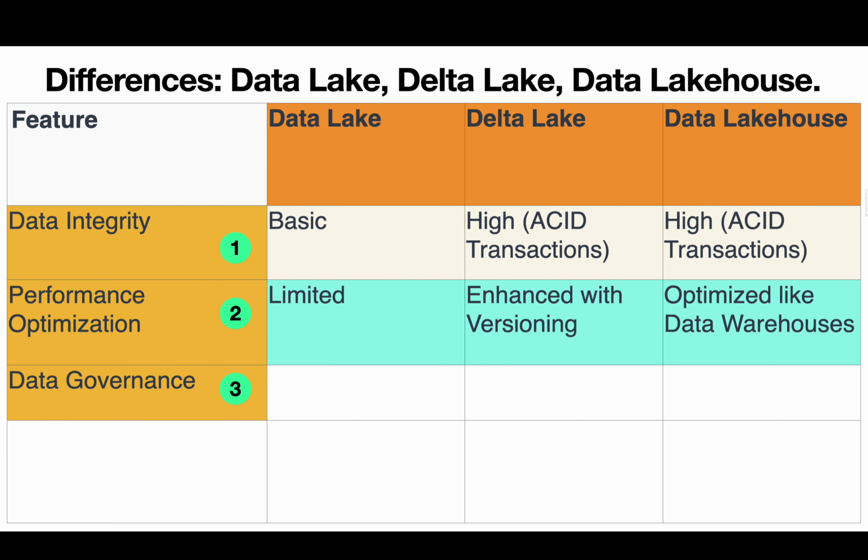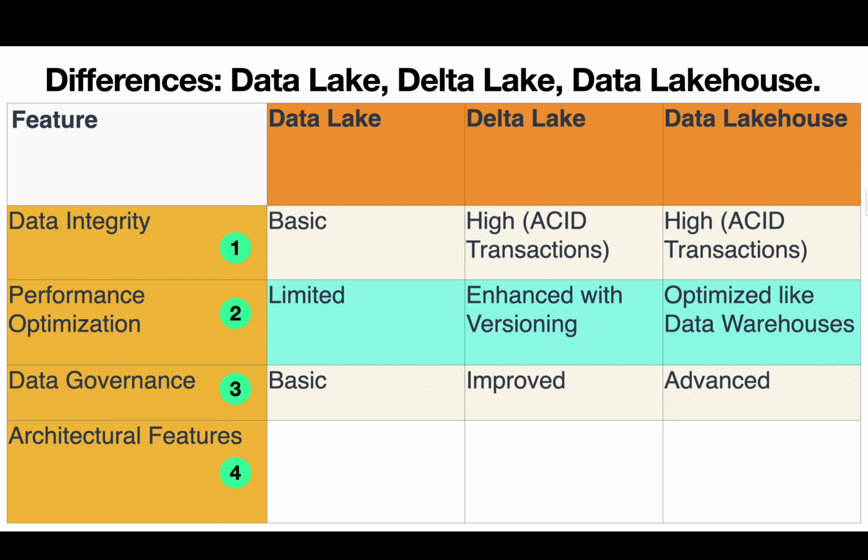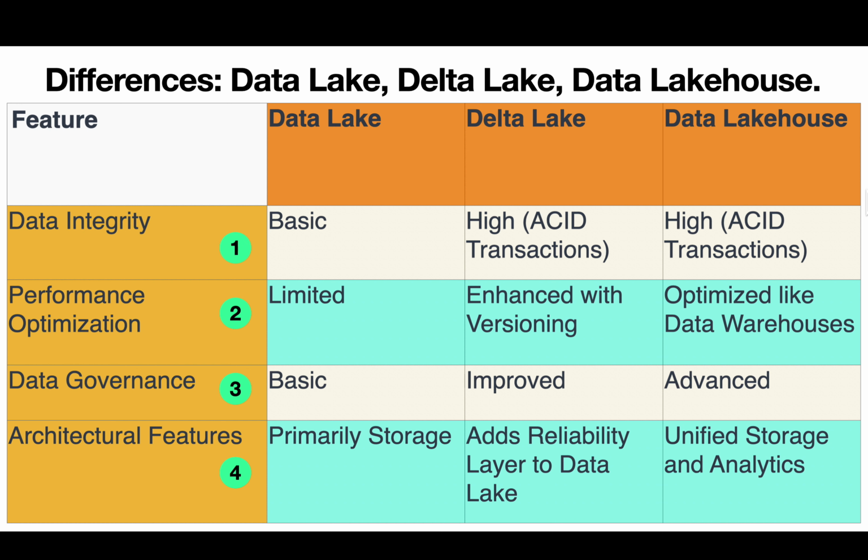Data governance and quality. Data lakehouses offer better governance and data quality features, combining the benefits of data lakes and warehouses. 4. Specific architectural features. Traditional data lakes are primarily for storage. Delta Lake adds a layer of reliability and performance, and data lakehouses unify storage and analytics capabilities.